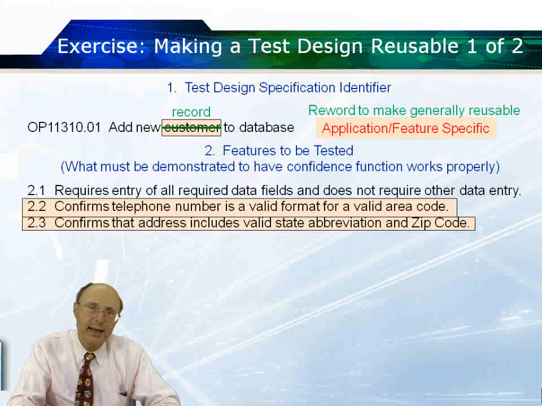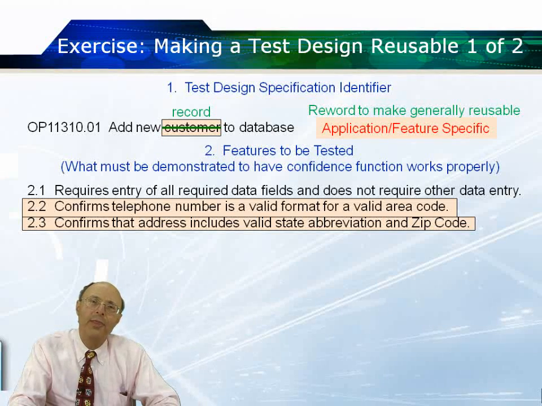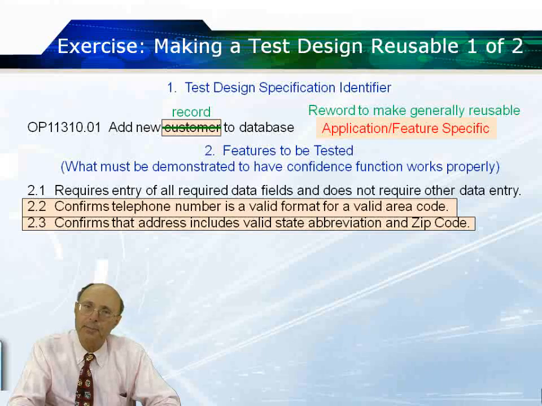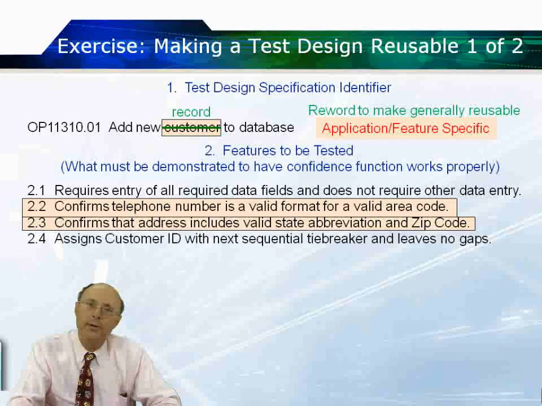Once again, not every record that's being added to a database has to have an address. But for records that do describe people's names and addresses and so forth, we need to make sure that the address is valid, that the state abbreviation and zip code are valid.